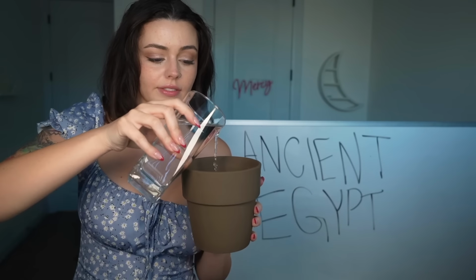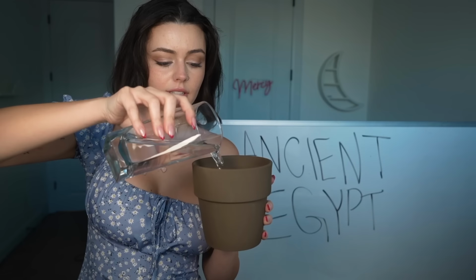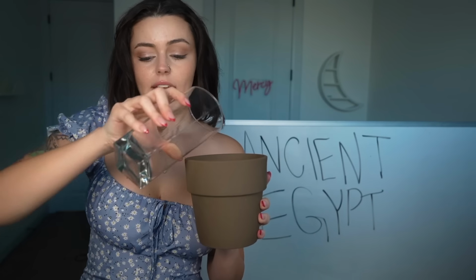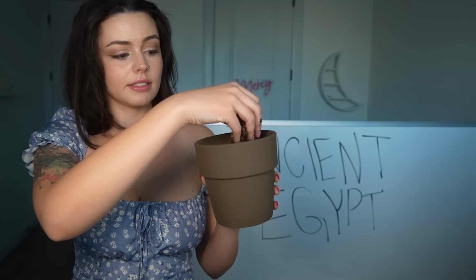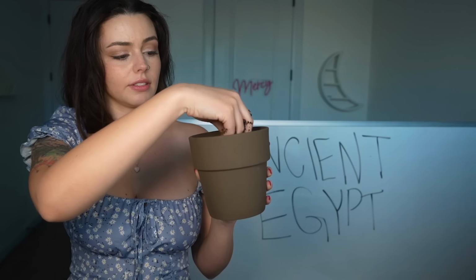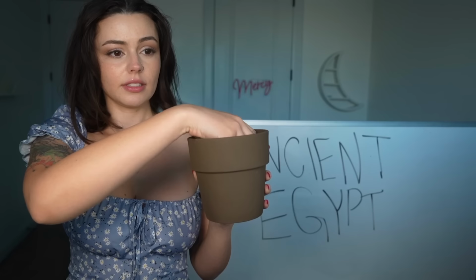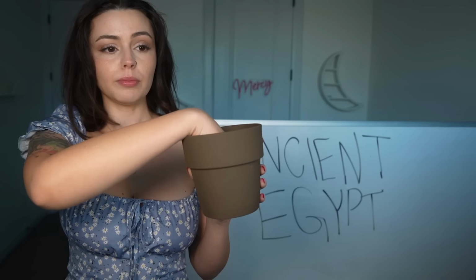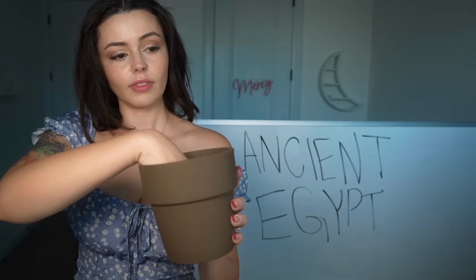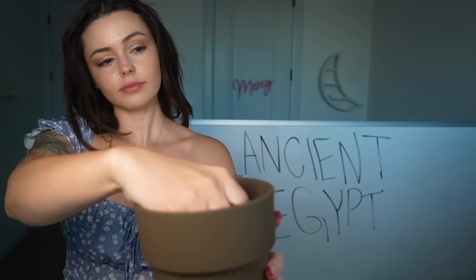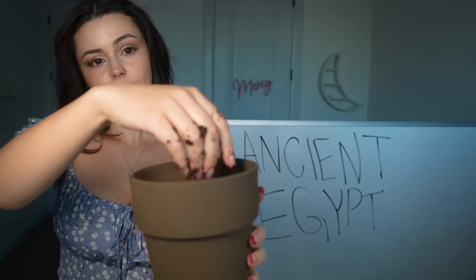You can't do much with that, but add in the water of the Nile as it flooded, and now you have this abundance of wet, moist soil that you're able to grow crops in.